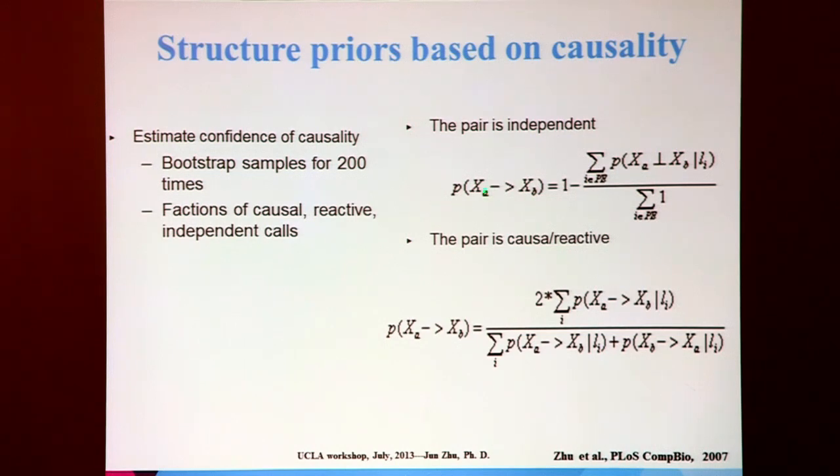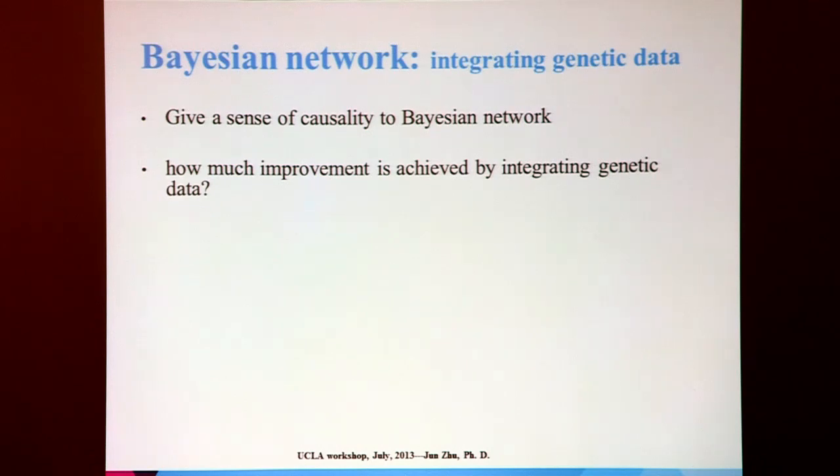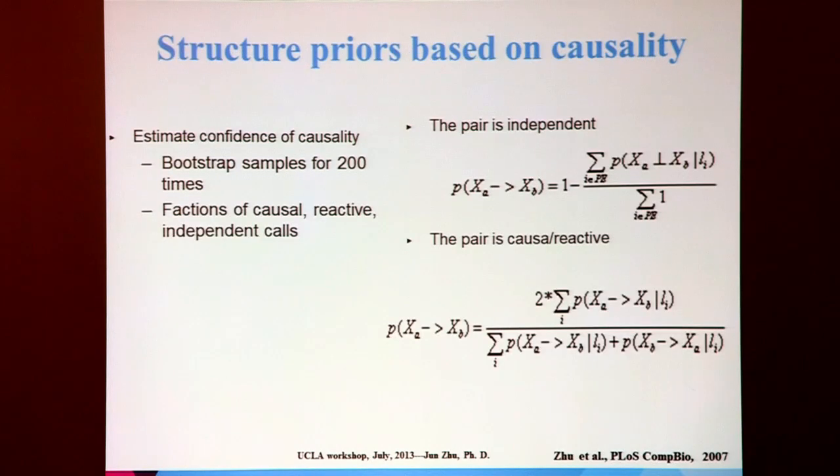Then we see that if they have any one or the other edge, the chance is very, very small. So if you can capture either the causal or independent relationship, then when you have a decomposed model, you have a probability, and one structure is more likely to happen than the others.